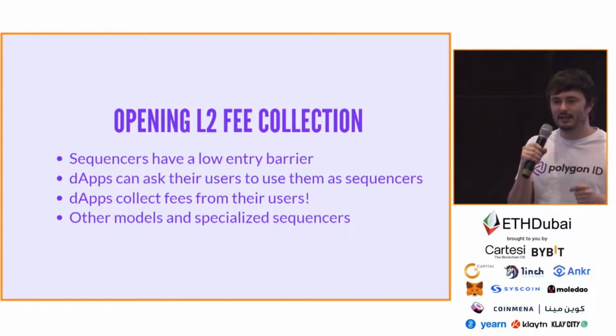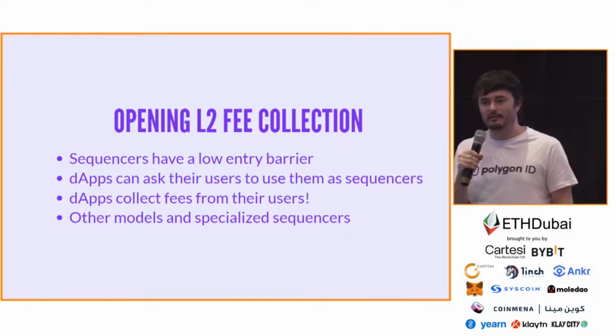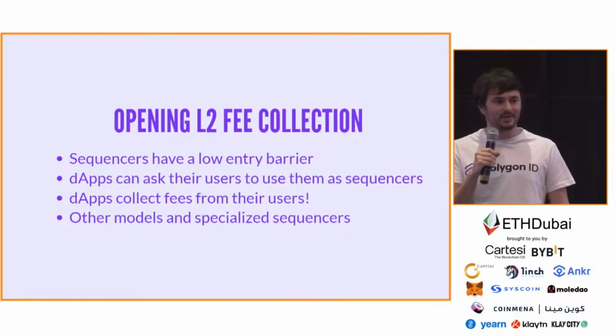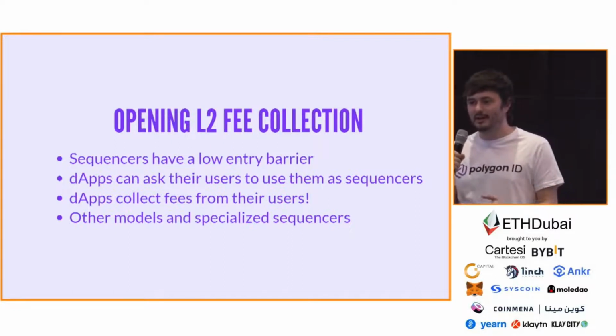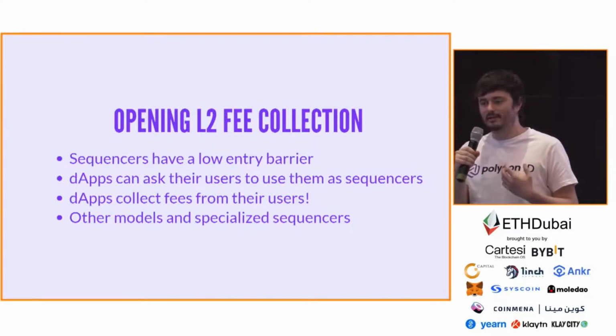And what this means is that the fees of the transactions of a specific dApp will be collected by the dApp itself, which in my opinion is great because sometimes it's hard for dApp developers to find a revenue model, or they have to come up with tokens that may not be very obvious in terms of utility. But by doing this, they are now able to collect the benefit of these fees.